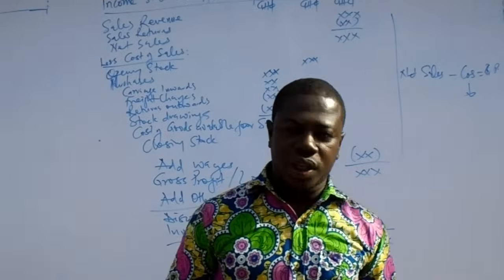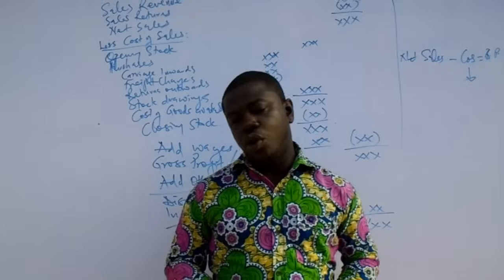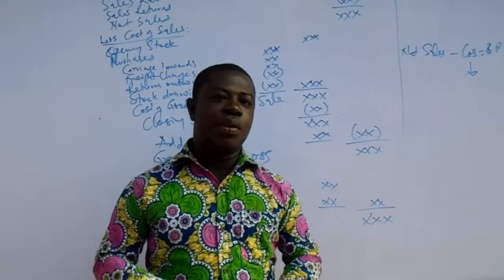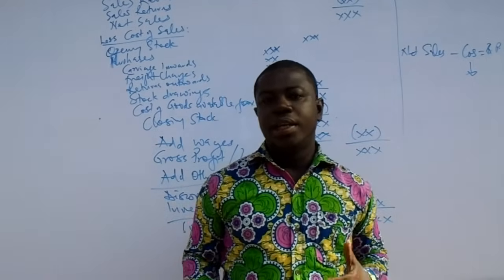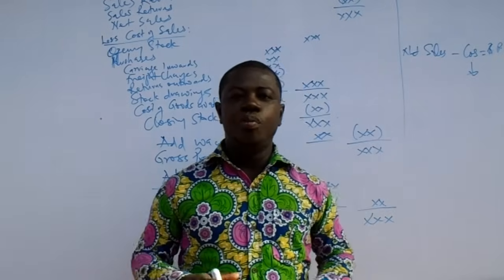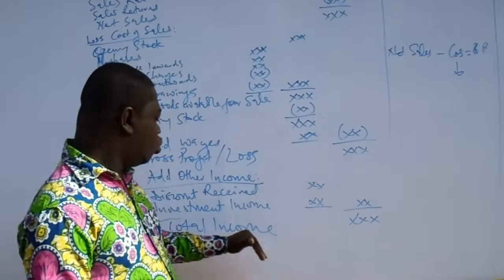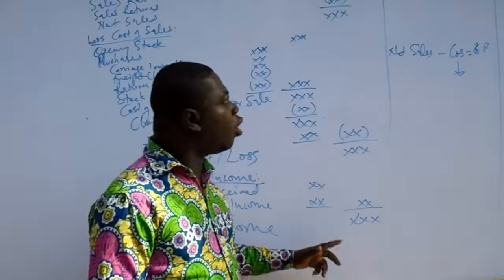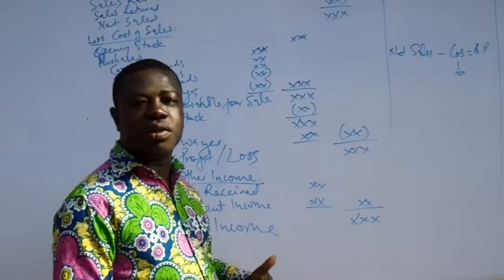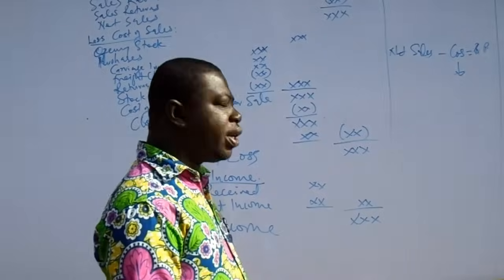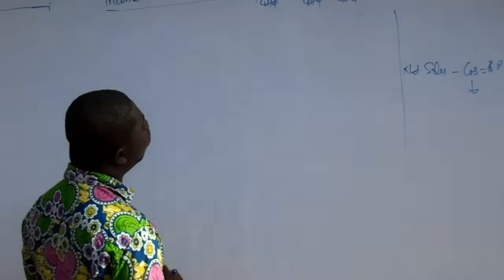Now after you have your total income, then you take out your indirect expenses, and once you take out your expenses, the resultant figure will be your net profit for the period. And so I'm going to begin from the total income column up here, and I'm going to take out some common expenses in order to get our net profit.